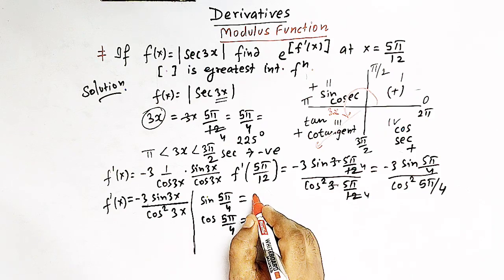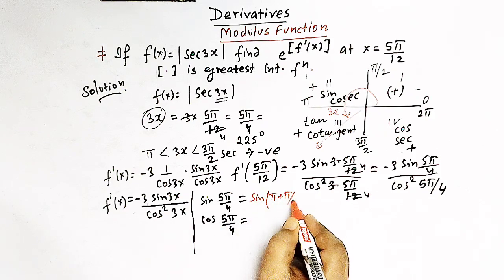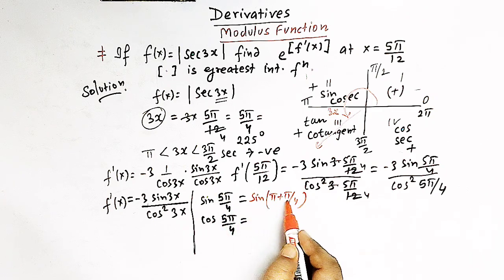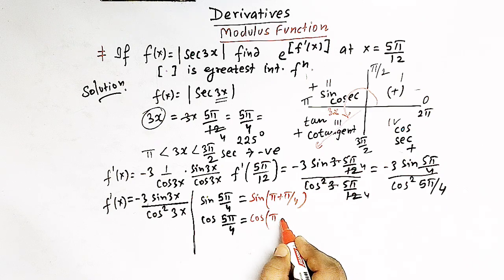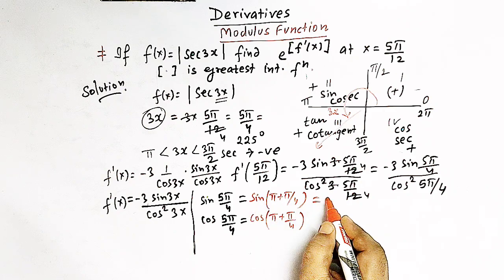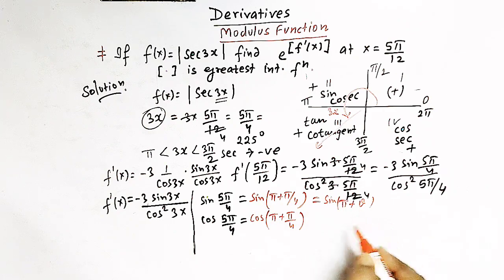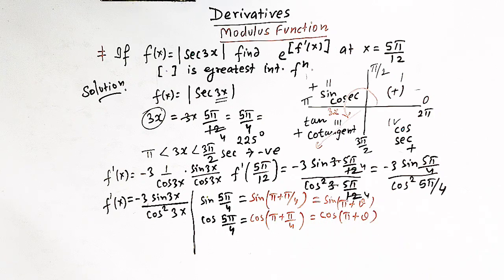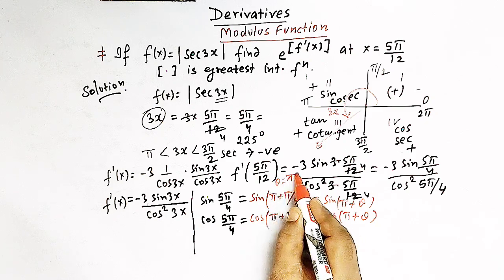So sine 5 pi by 4 is given by sine of pi plus pi by 4. So we can split 5 pi by 4 as pi plus pi by 4, and similarly here we can write pi plus pi by 4. So here we have sine of pi plus theta, and here also we have cos of pi plus theta, right, where theta is given by pi by 4.